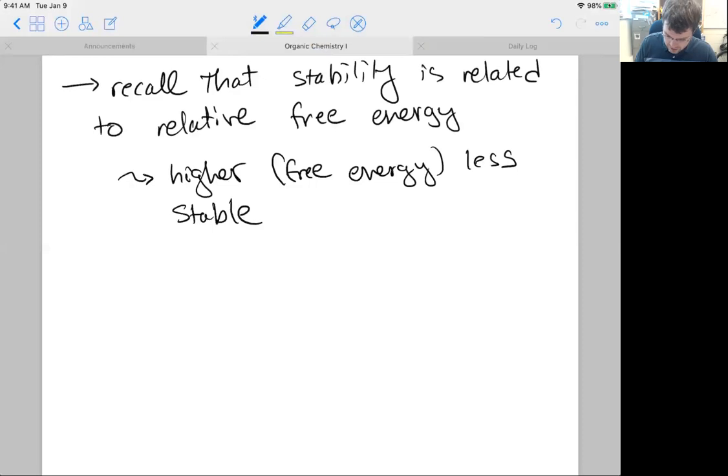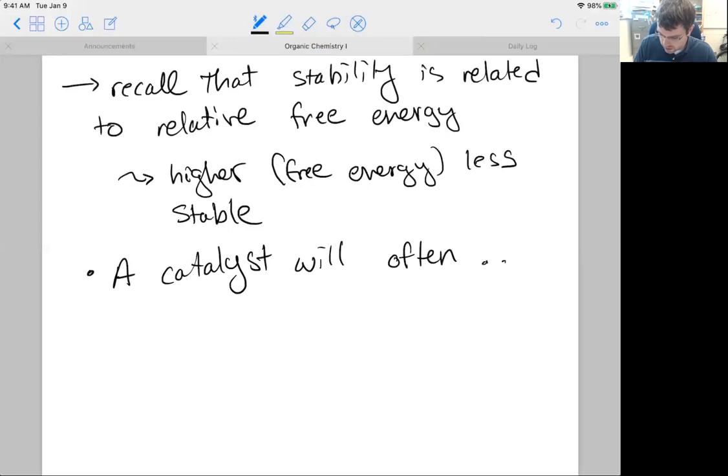Okay, with this in mind, a catalyst will often do both of the things that we talked about previously. That is, it will operate on the starting material and the transition state free energy.